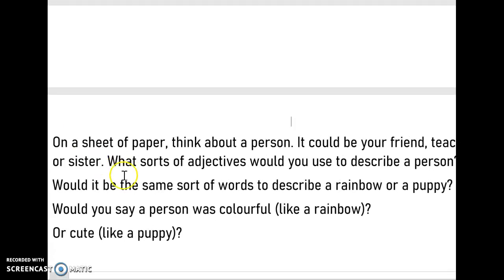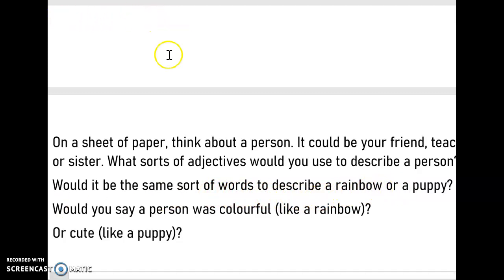Okay. On a sheet of paper, just get a scrap sheet of paper. Think about a person. It could be your friend, your teacher, your sister, your brother. What sorts of adjectives would you use to describe a person? Would it be the same sort of words to describe a rainbow or a puppy?